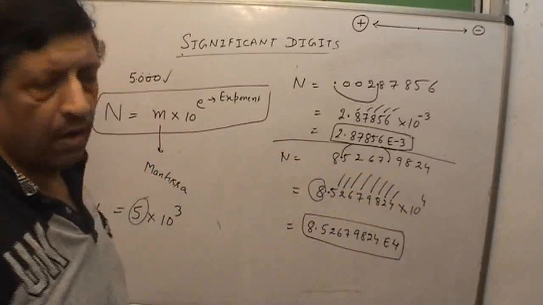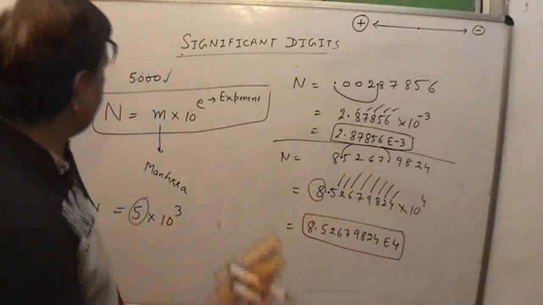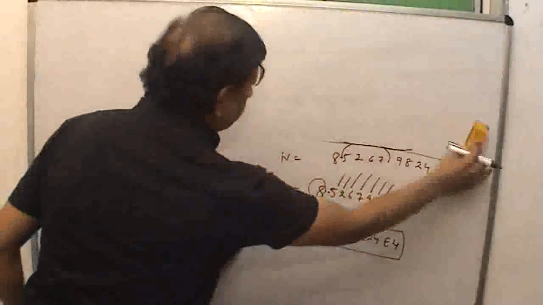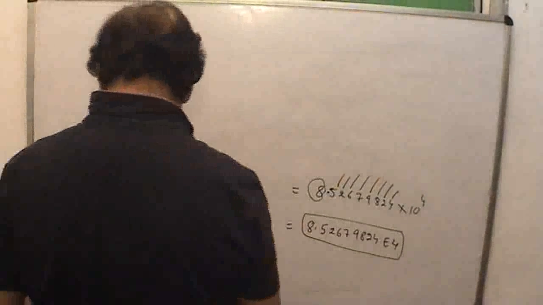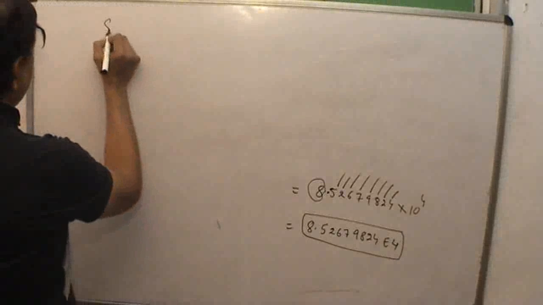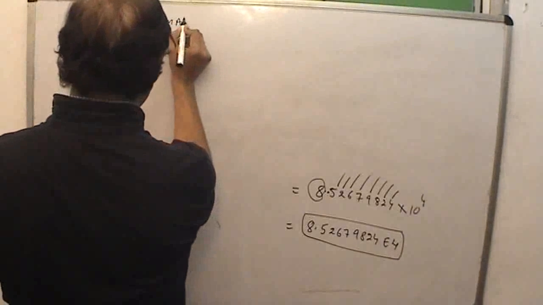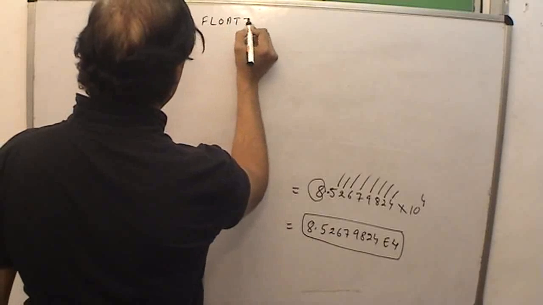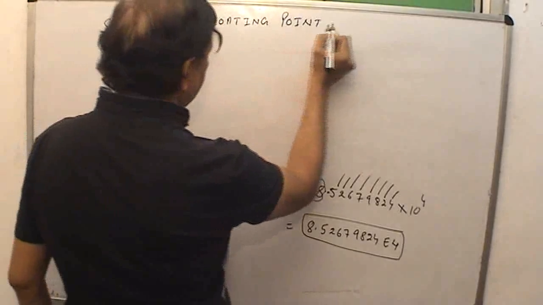How do we represent a figure in the floating point representation? We say it is the 8 decimal floating point representation.